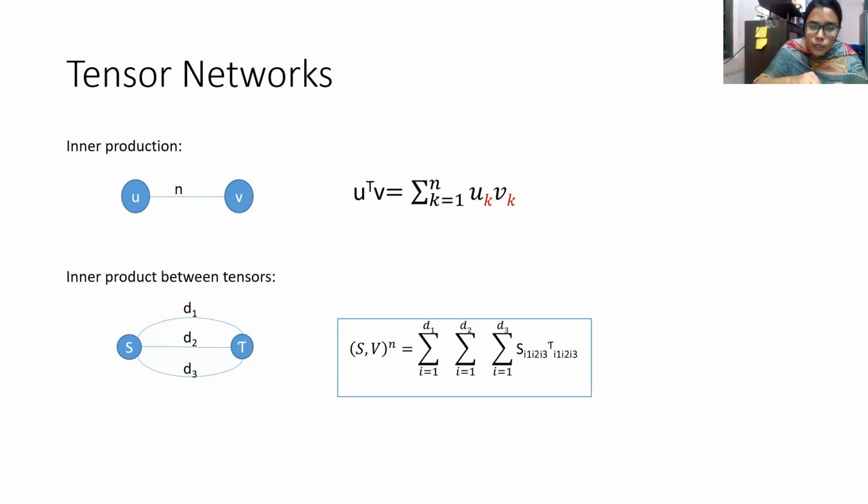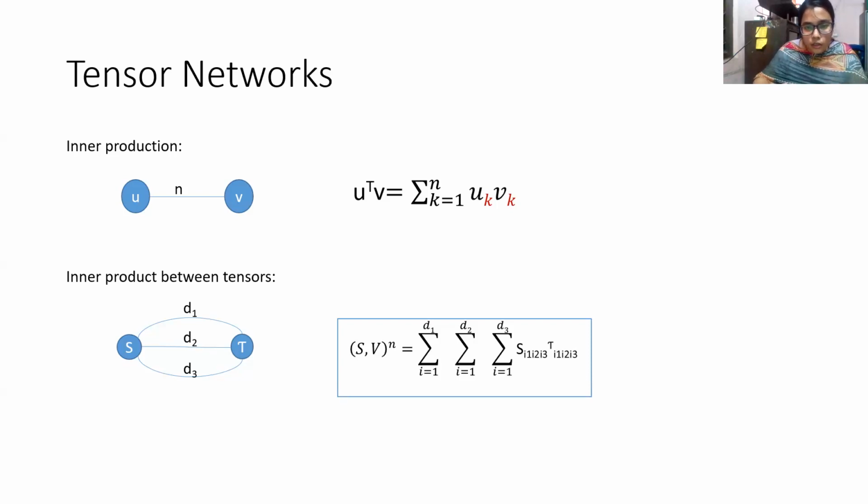So for inner products between tensors, as you can see, S and T are two different kinds of tensor. S could be an array of more than three dimensions, and T could be a four-dimensional array, but the two different tensors are connected to each other by three contracted indexes D1, D2, D3.